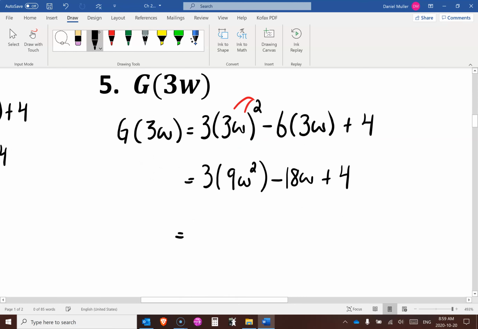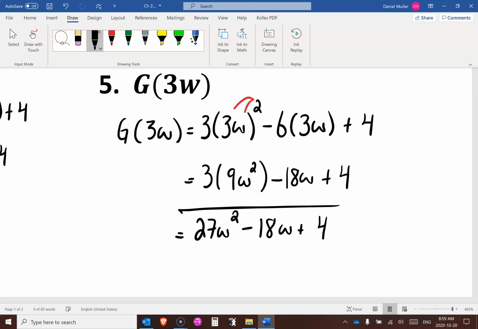And I can multiply, so the 3 times the 9 will be 27, and there's a w squared there, minus 18w, plus 4. So that's odd, where the output is not a number like negative 48, but that's because we didn't input just a number, we input a 3 and a w.